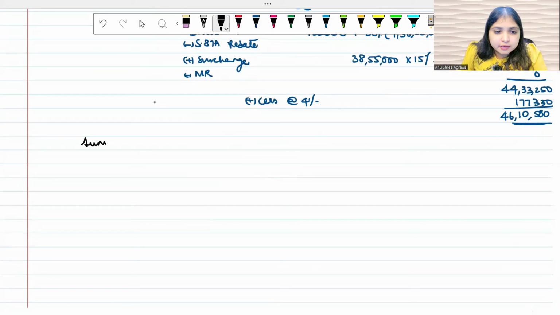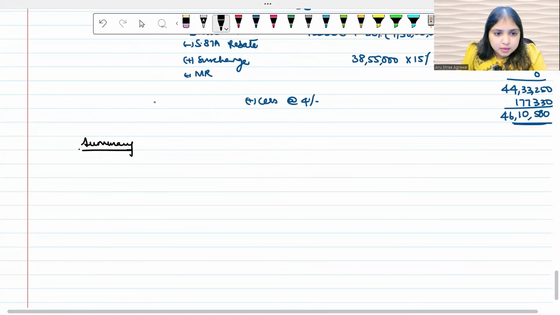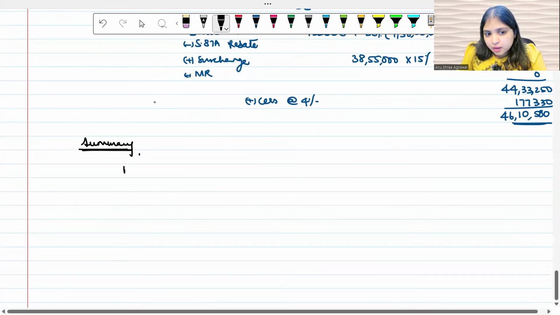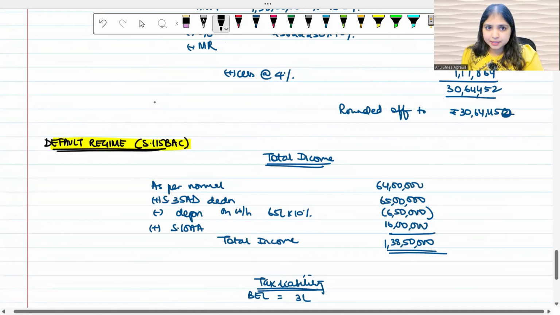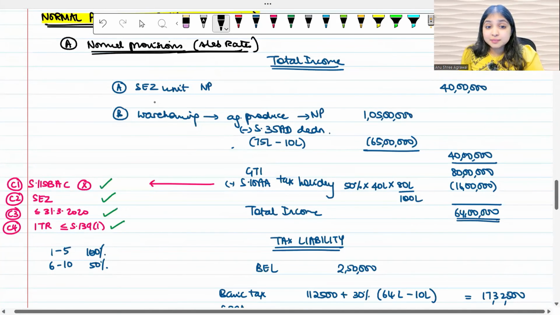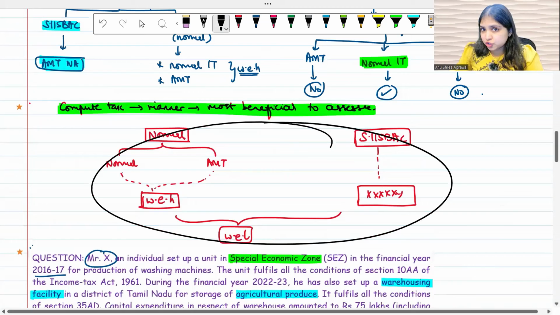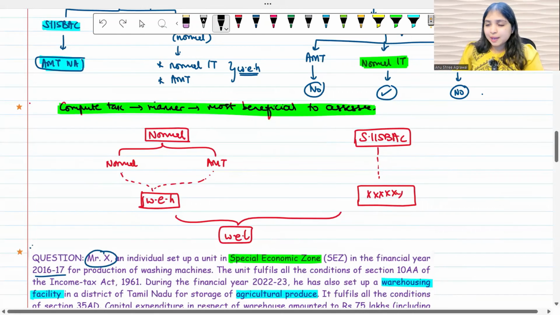Now see, we'll give our summary. First of all, as per the normal provisions, if you see, as per the slab rates, what was a tax liability? As per AMT, what is a tax liability? I am simply doing this calculation now, just that I'll put it in a tabular form.